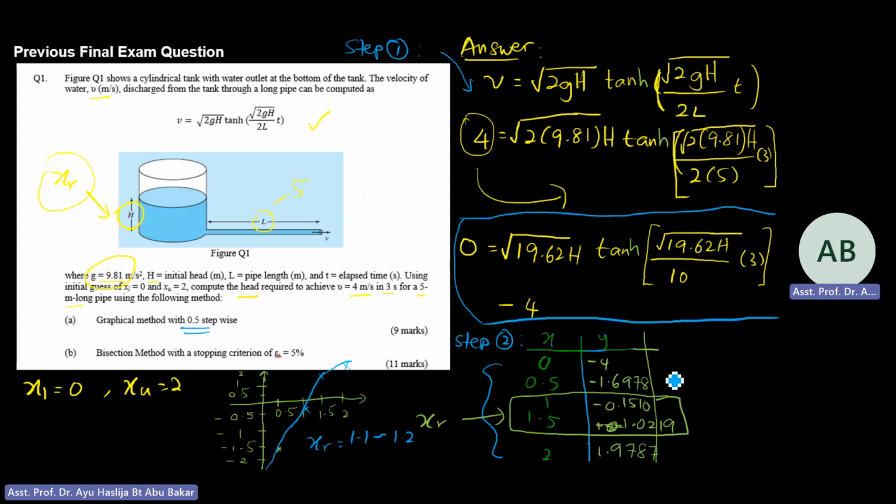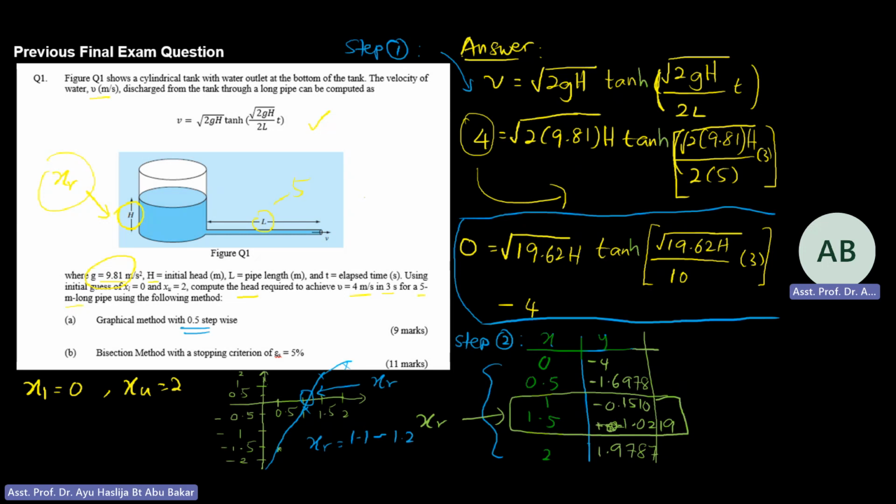Each of these will get marks. Each of the figures will usually get half marks. Now from step 2, move to plotting the graph. The correct value, correct axis, you'll get marks as well. Correct plotting, you'll get the marks. Then you should show this is your XR. Then the XR value, marks for the XR value.